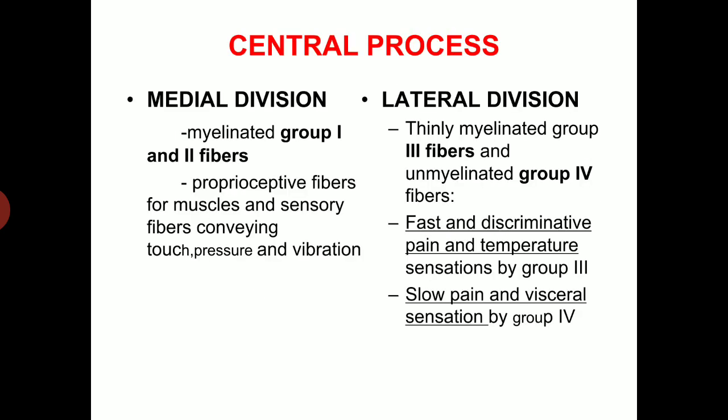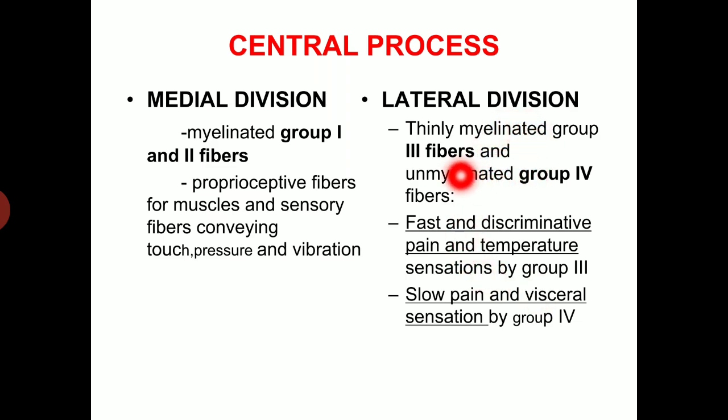The central process has two divisions, medial and lateral. The medial division is myelinated group 1 and 2 fibers, which are mainly responsible for carrying proprioception, touch, pressure and vibration. Group 1 mostly carries proprioception and group 2 carries touch, pressure and vibration.